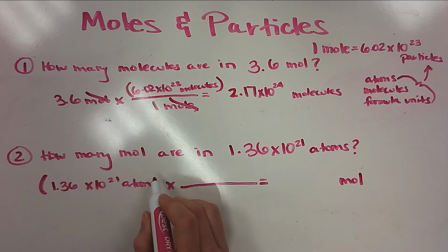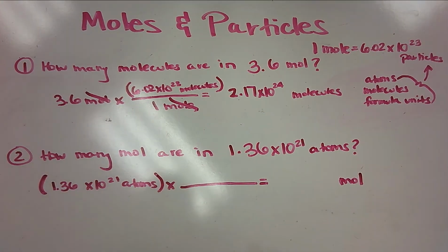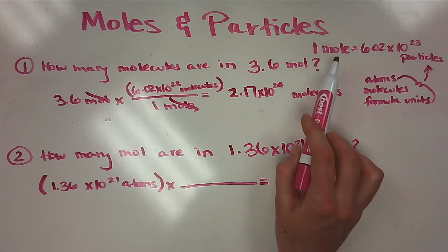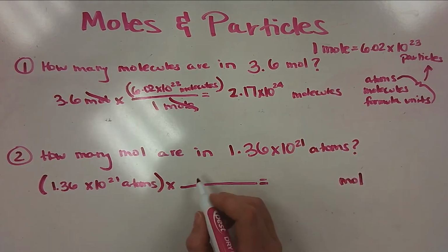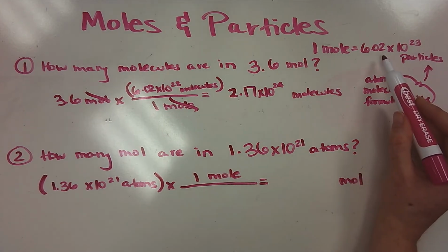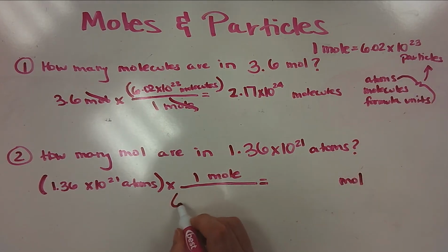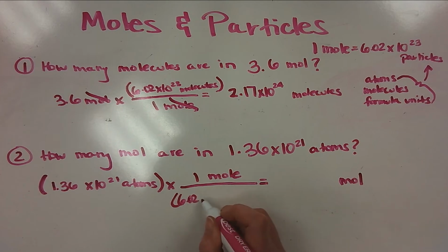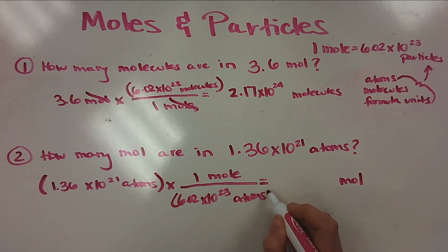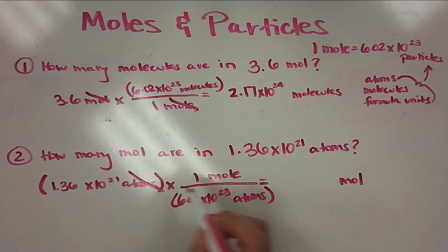I'm going to go ahead and put parentheses around this big number. Right? If I want mole in the end, I need to put that part on top. So I'm going to put 1 mole. I'm going to write the other half on the bottom. So 6.02 times 10 to the 23rd atoms. So atoms, atoms cancel.